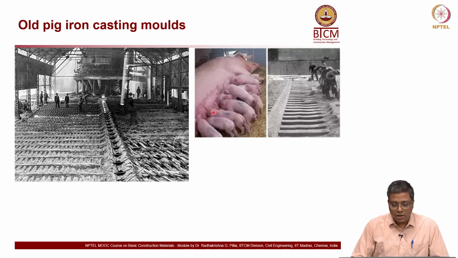You can see one main channel here through which the molten material is poured, and it flows down and then flows to the left or right. As you can see in this black and white picture on the left side, the hot molten iron is flowing down and then flowing into these small molds in that area.